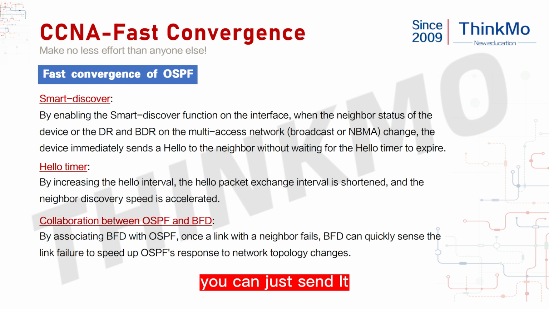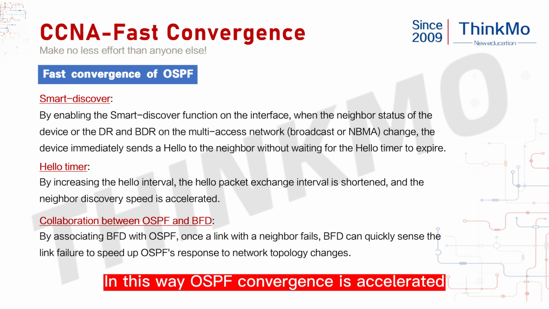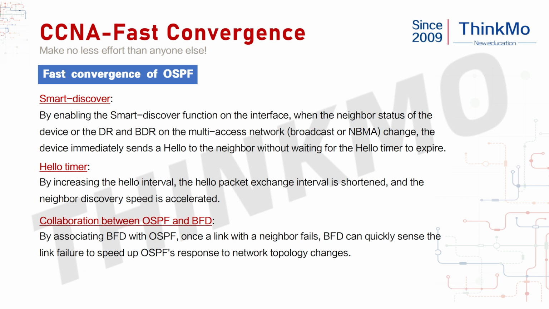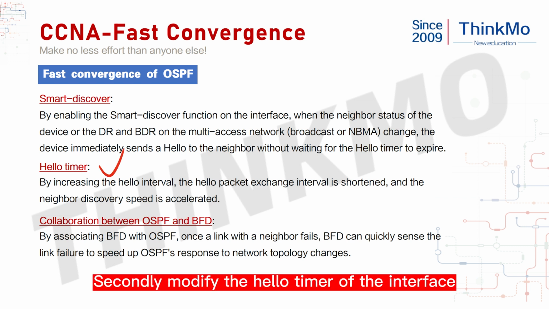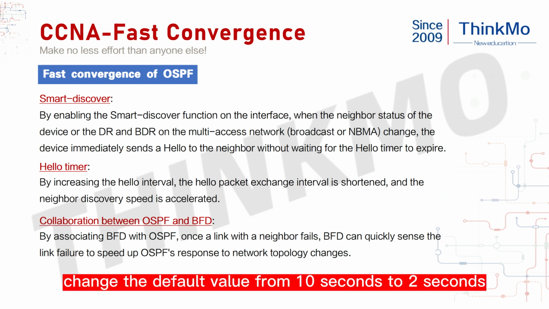You can just send it. In this way, OSPF convergence is accelerated. The other party can receive the hello packet earlier, so networks that enable OSPF converge faster. Secondly, modify the hello timer of the interface. Change the default value from 10 seconds to 2 seconds.